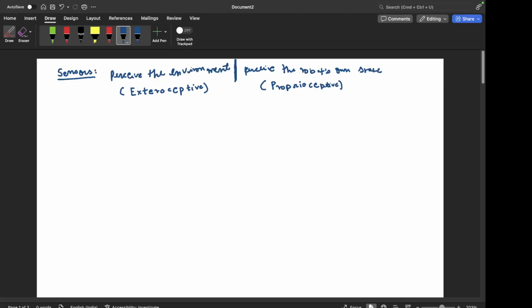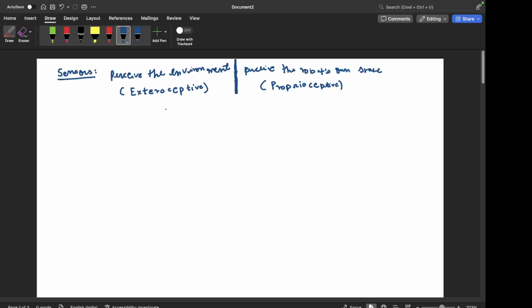Has any one of you heard or encountered either of these two terms before? Okay, no worries. So why I've written these two terms will become clear in a while.